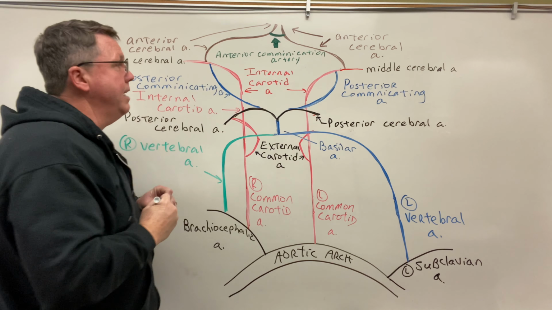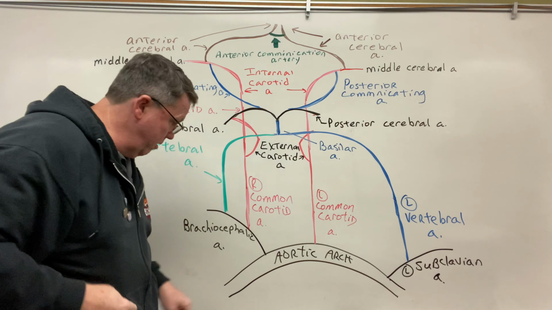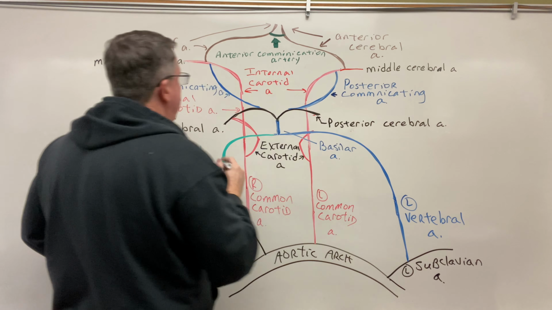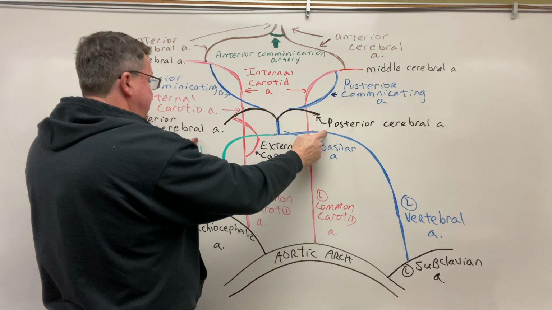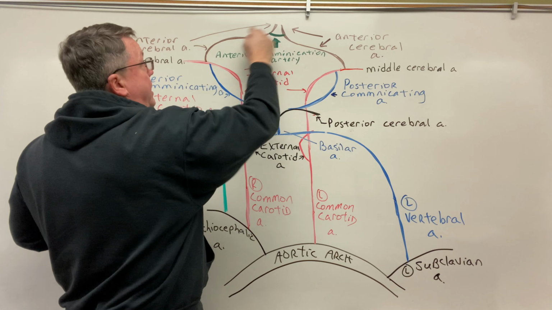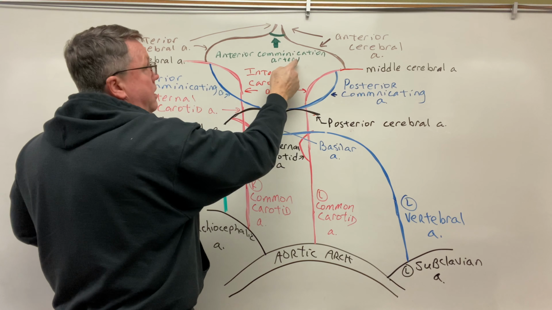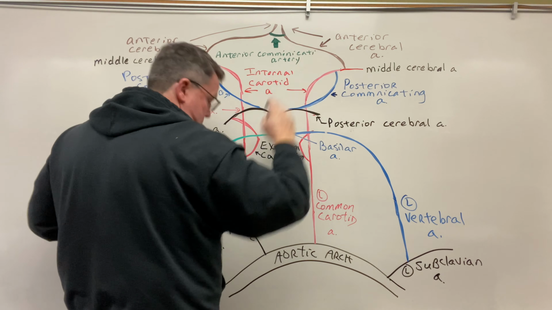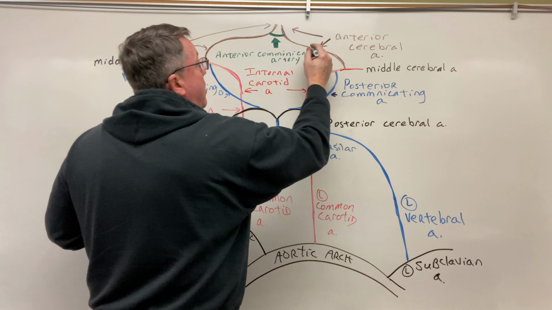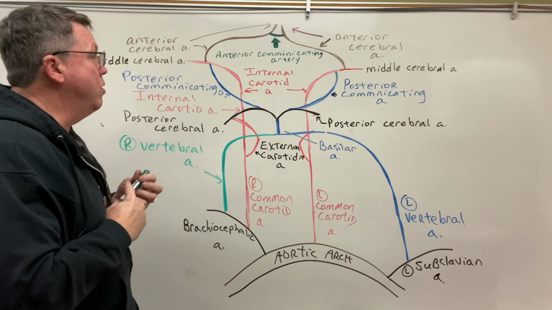Okay, so if you notice, I have a posterior communicating artery down here, right, I have a posterior communicating artery down here. I have the posterior cerebral arteries here. I have an anterior cerebral artery that's right in here. I have an anterior communicating artery right up in here. So that's the circle of Willis.